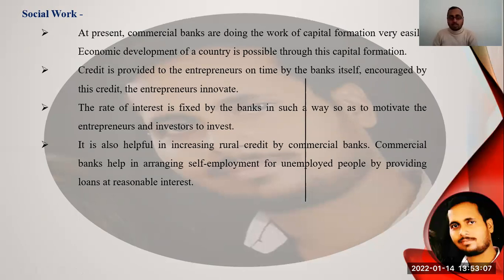Students, at present, commercial banks are doing the work of capital formation very easily because they provide mini saving accounts and various kinds of saving facilities to people. While providing these facilities, the bank increases capital formation in the economy.